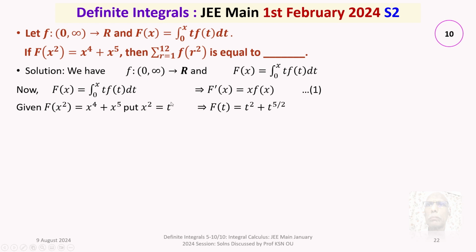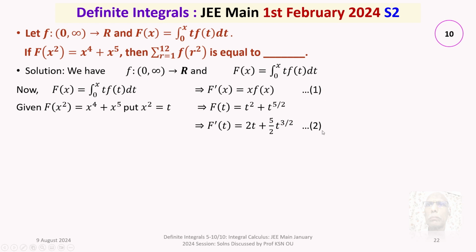Put x square is equal to t. Then capital F of t will be x to the power of 4 is t square, plus x to the power of 5 is t to the power of 5 by 2. So capital F of t, we got it, right? So F prime t is 2t plus 5 by 2 t to the power of 3 by 2. Call it equation 2.